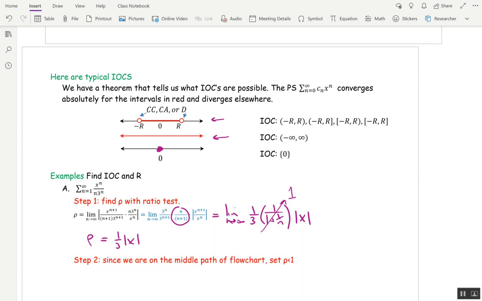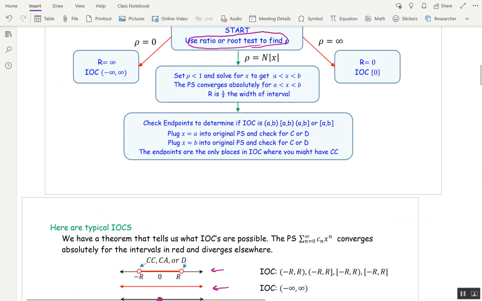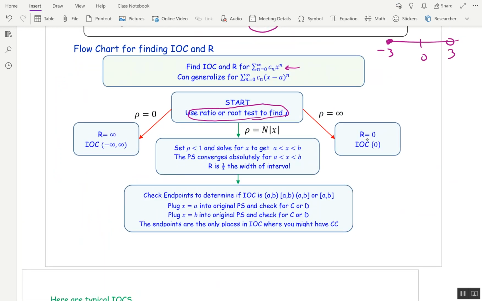So let's jump to our flow chart and see what the possibilities are. Rho is not 0, and rho is not infinity. So we're here on the middle path. Rho is some number times the absolute value of x. So my next step is to set rho less than 1 and see what I get.